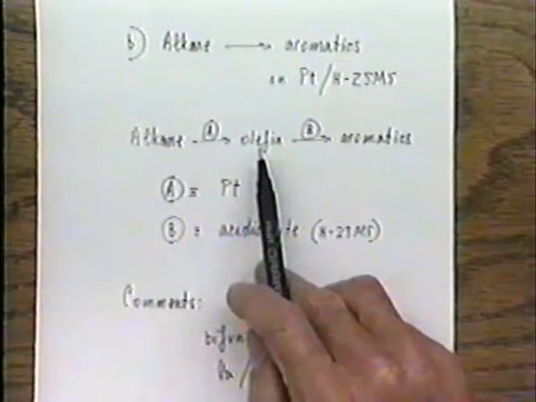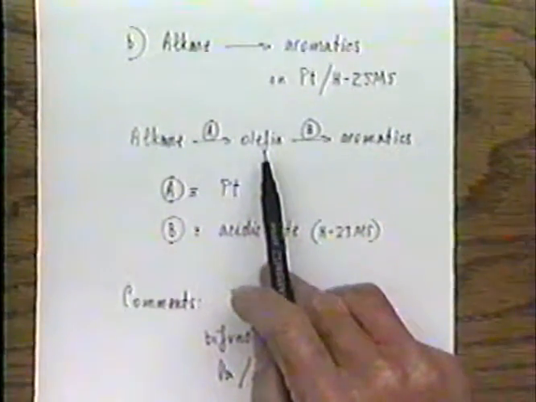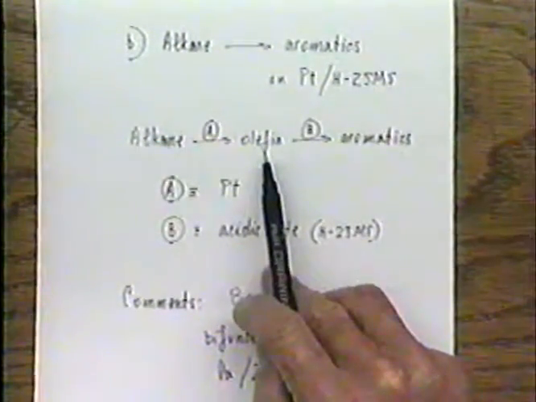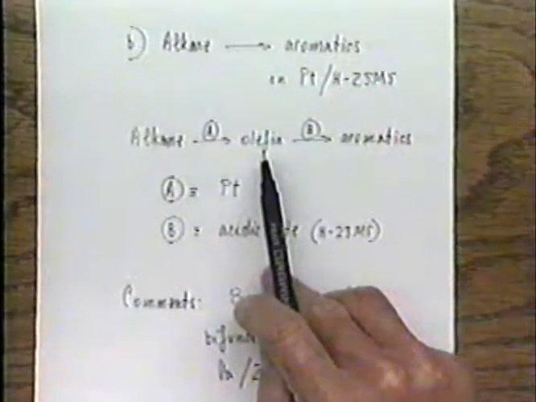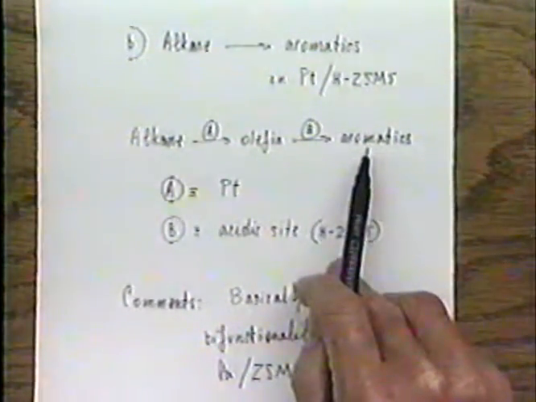The olefin is transferred from the platinum site to the ZSM5 function and then undergoes, if necessary, an oligomerization process followed by a cyclization process to yield aromatics.